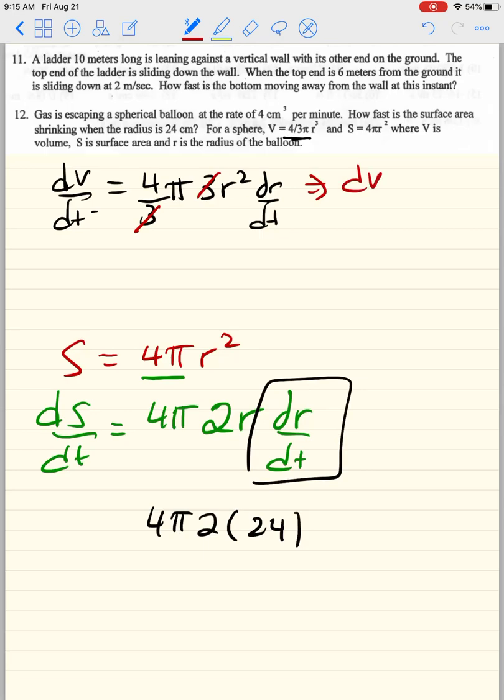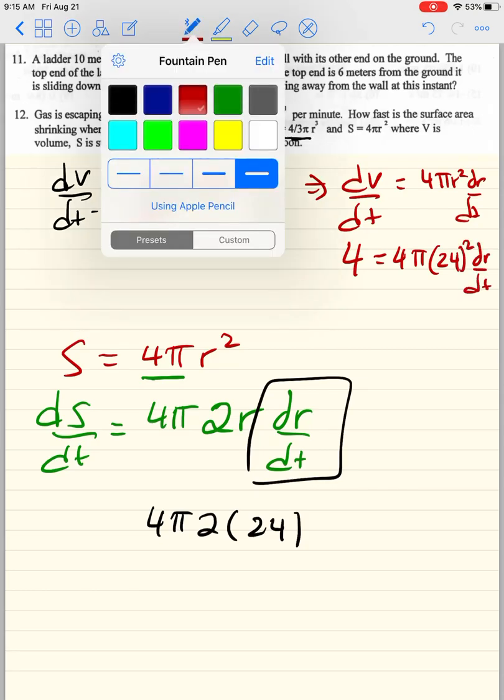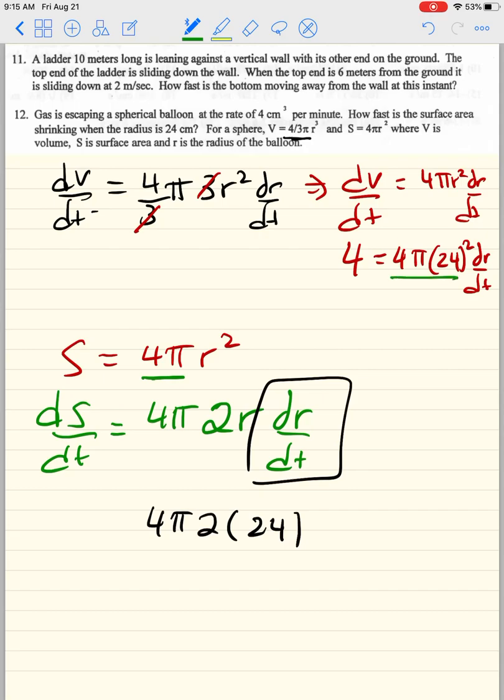So dV/dt is equal to 4 pi r squared dr/dt. Here I'm going to put my number: 4 equals 4 pi times 24 squared dr/dt. If I divide, I'm not even going to multiply 24 squared times 4 times pi. I see a 4 on both sides, so 1 over 24 squared pi equals dr/dt.